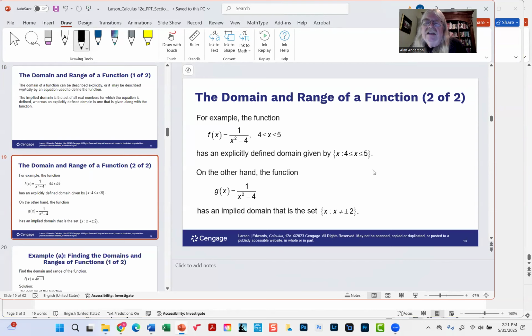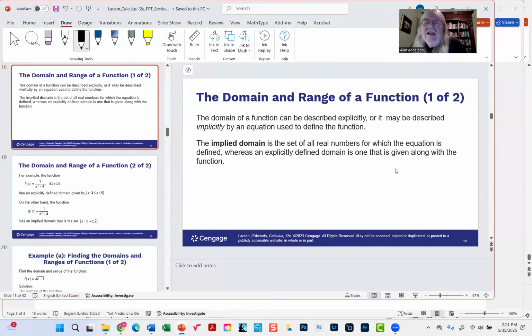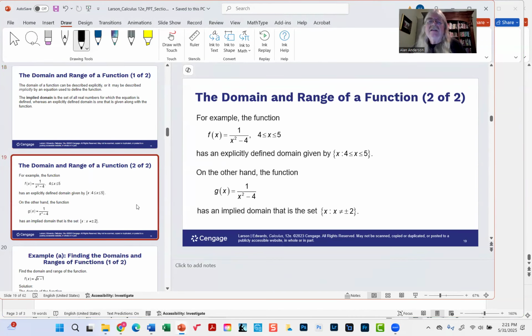I'd actually not seen it described this way before, but what they're saying here is that in this case, you were told in the problem that this is the domain, which means they're calling it an explicit domain.